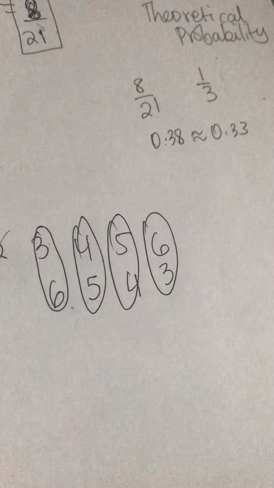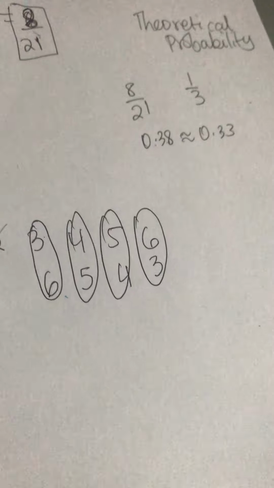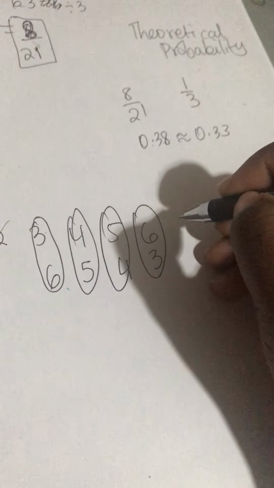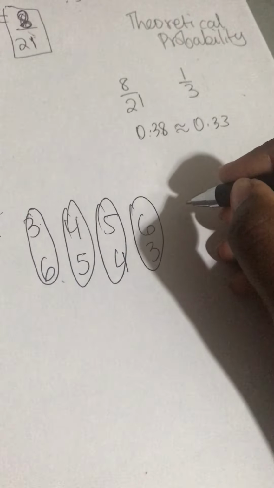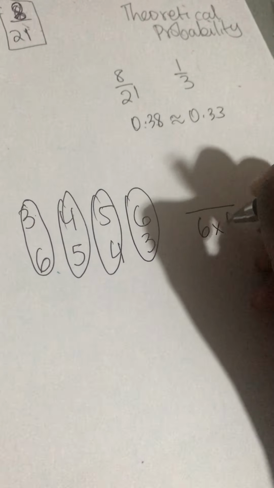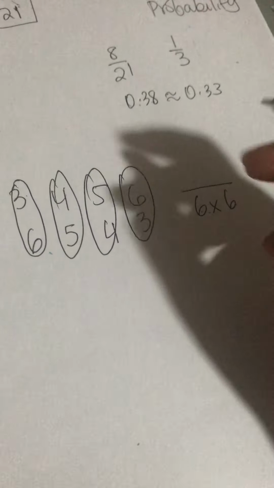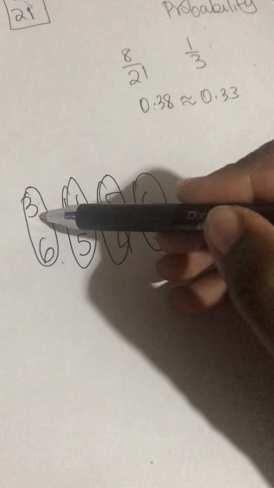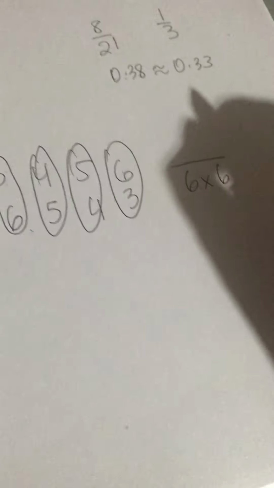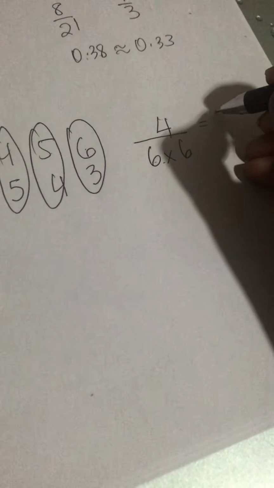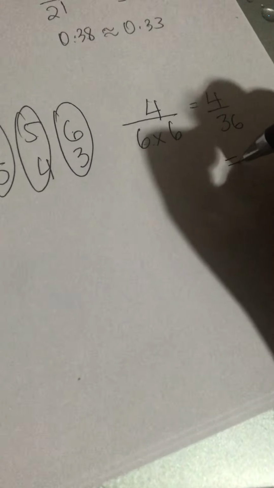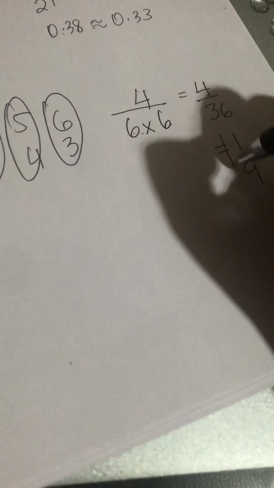Sorry. So this is 1 outcome, 2 outcome, 3 outcome, 4 outcome. So the probability of rolling, this will be 6 times 6 because I'm doing 2 of them. Not 6 plus 6, 6 times 6 because I did 2 of them. And then I got 1, 2, 3, 4 there. So then I got 4 out of 36, which is equal to 1 over 9. So this is the theoretical.